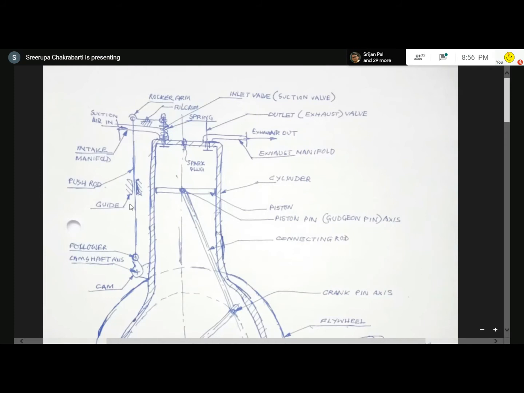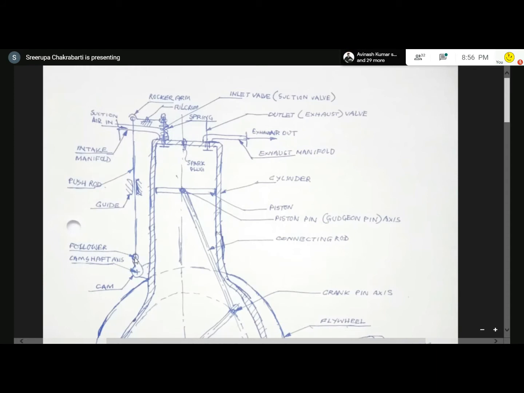See, there are two parts. One is the valve has to open and the other is the valve has to close. This is a lever. When the valve has to open, this side of the lever has to go down and this part of the lever has to move up. That means the follower has to move up.